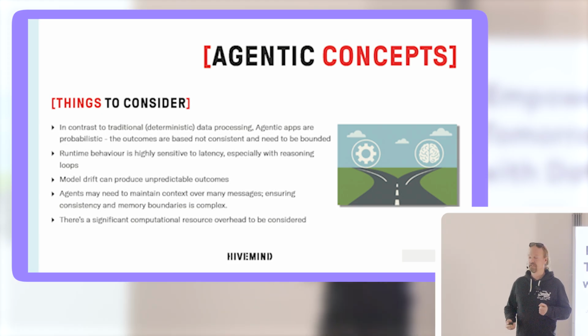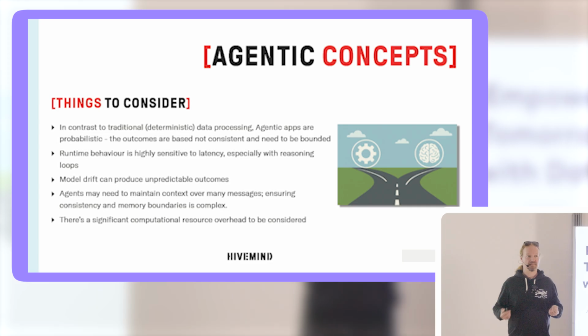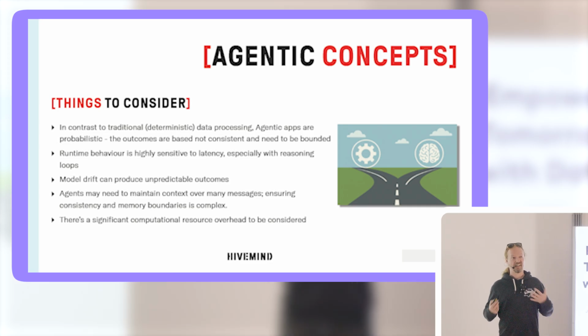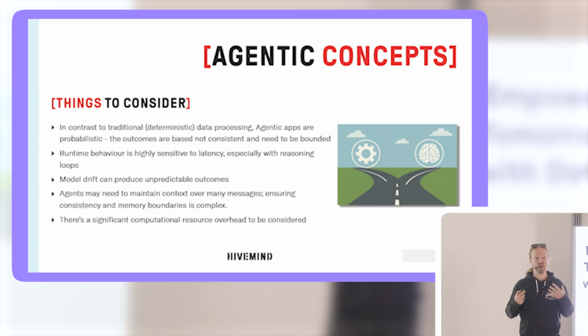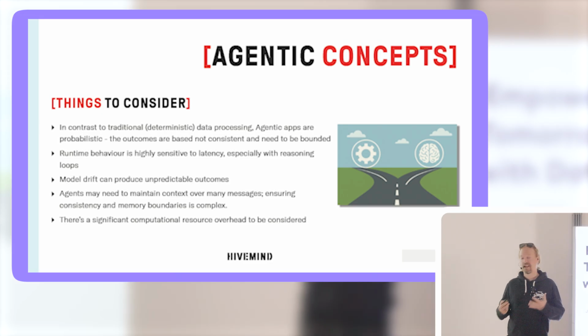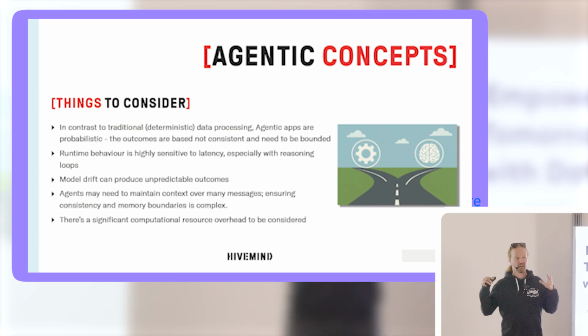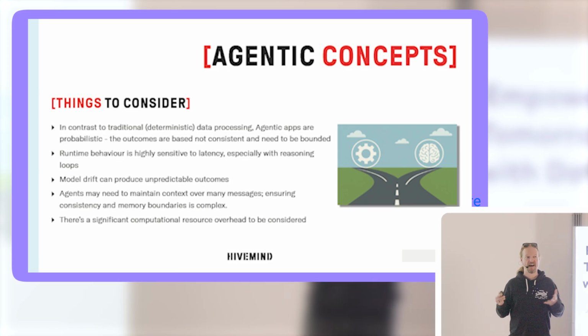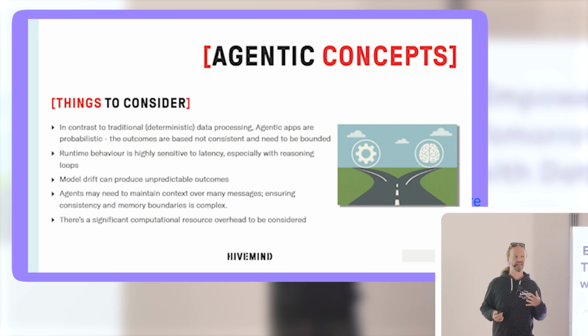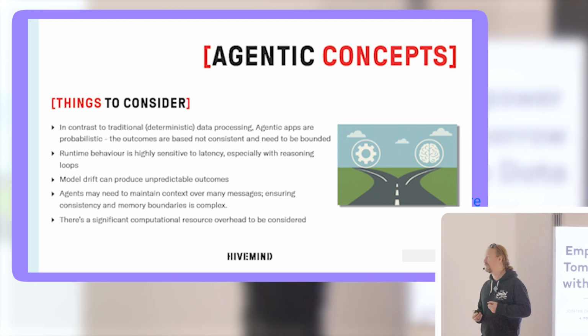Agentic apps are different. They're probabilistic, right? Meaning basically they use statistical outcomes to compute. So they not always behave the same way. The outcomes are not consistent, and they need to be bounded. We need to make sure that we control that runtime behavior and that we factor in that one request can take 100 milliseconds and the other one might just time out or take 5 seconds or 5 minutes or whatever.